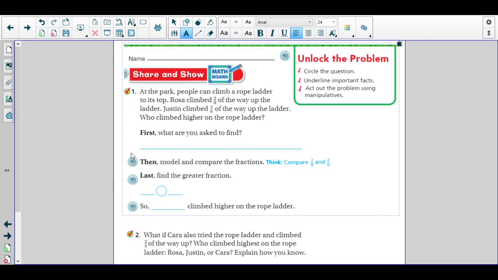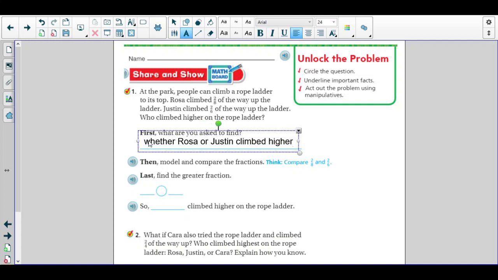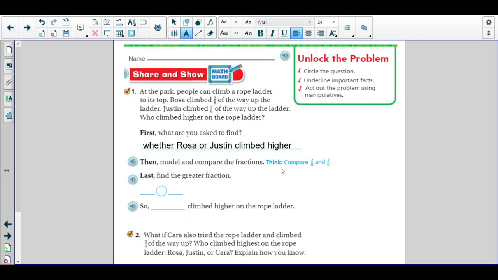First, we need to find whether Rosa or Justin climbed higher. Then model and compare the fractions. So compare 2/8 and 2/6.